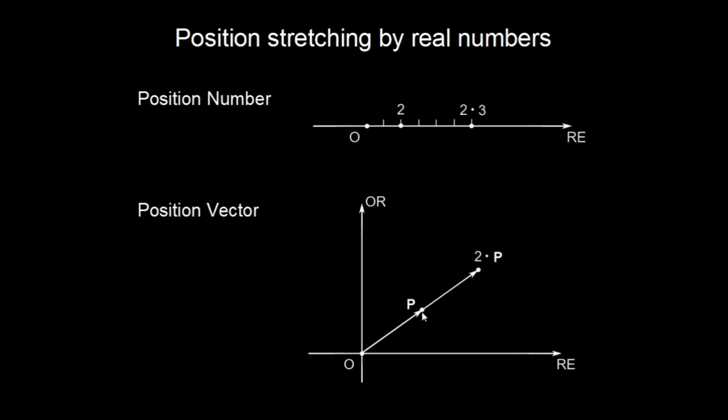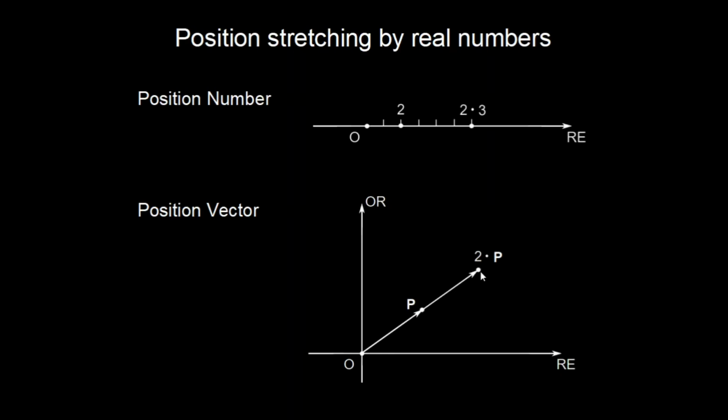Multiplying the vector p by 2 makes the point stretch to the position represented by position vector 2p.